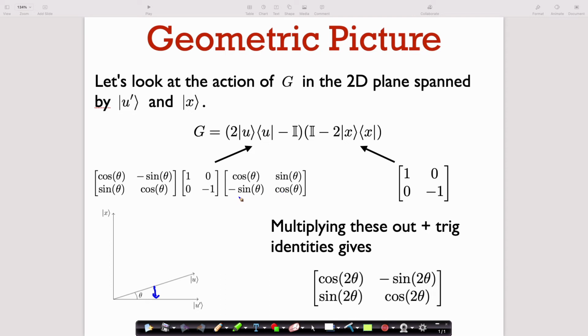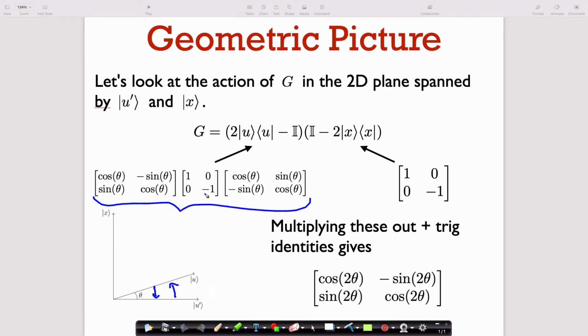Okay, so first I rotate by theta in the clockwise direction, and now I just do a reflection about the horizontal axis. Okay, so we already know how to do that. That's exactly the same as this action of the oracle. Okay, and then finally I rotate the state back by an angle theta counterclockwise.